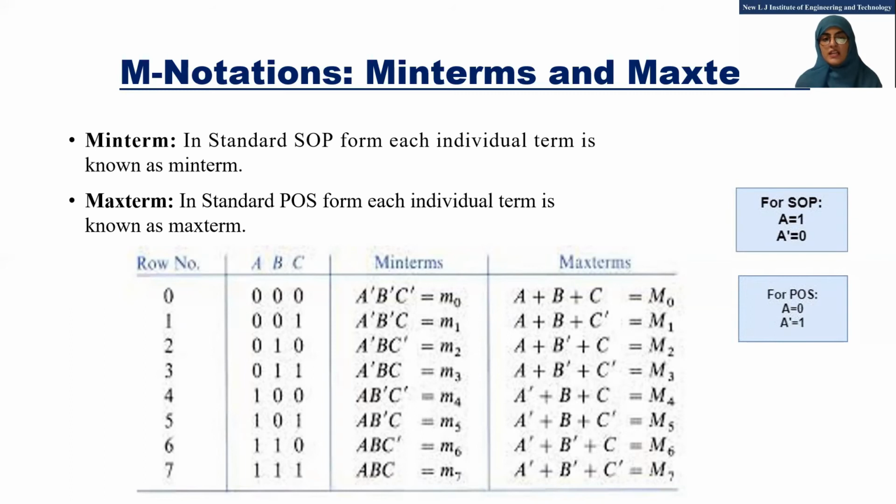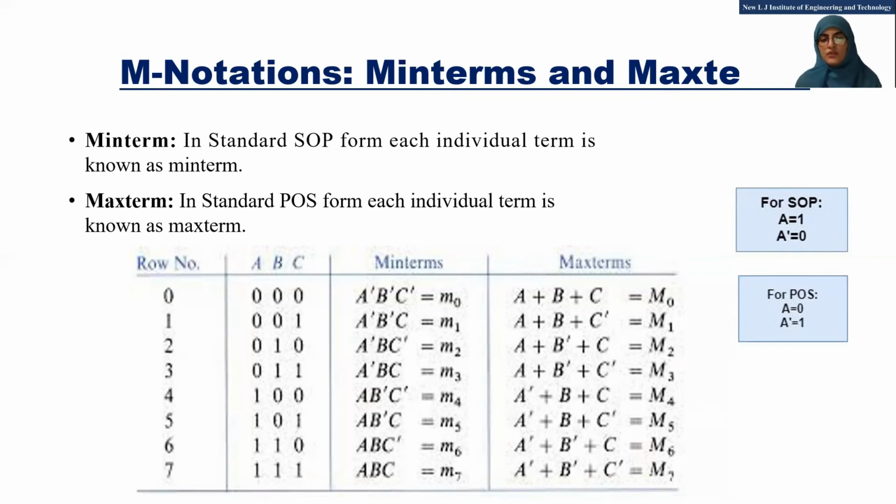This is the example of SOP form, which means the min term will be in the form of SOP. So it will be A prime, B prime, and C prime. For row number 1, 0 will be A prime, 0 will be B prime, and 1 will be C. This will be min term 1.